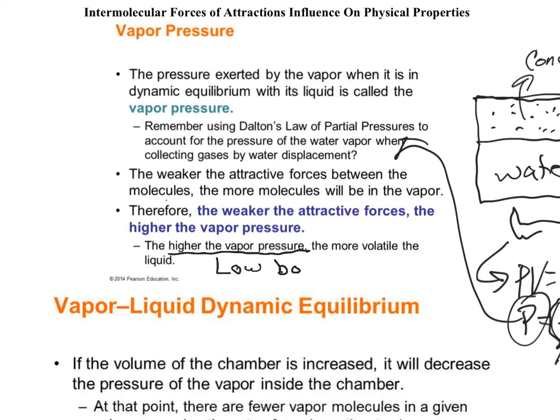It takes less of a temperature to give them the energy to break free and boil. So the higher the vapor pressure, the lower the boiling point. That's something we'll see again, but I thought I would introduce it here, since boiling is very related to evaporation and vapor pressure.